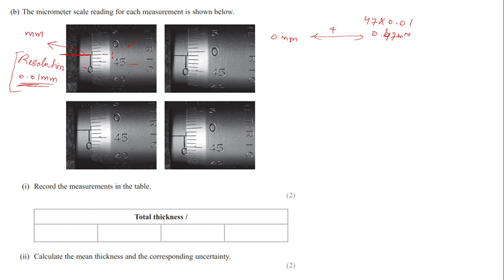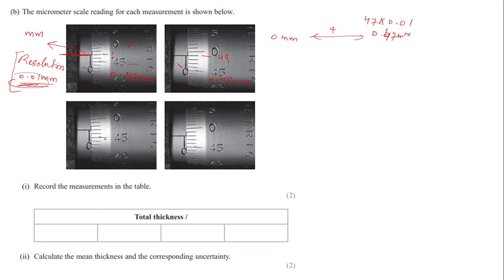So this is 0 plus 0.47. That means the first reading should be 0.47 millimeter. This one is 45, 46, 47, 49. So 49 multiplied by resolution plus again 0 gives 0.49 millimeter.